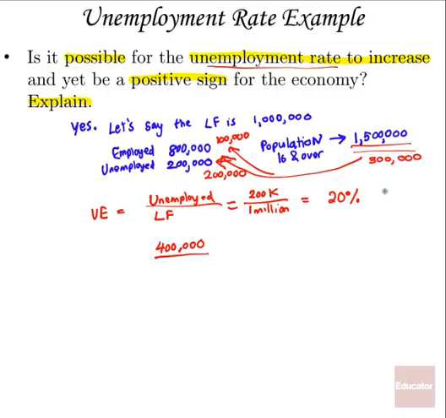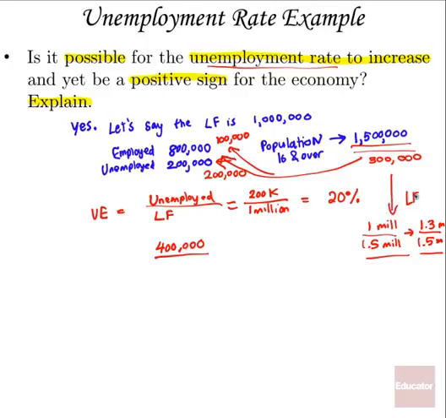So the labor force participation rate was 1 million over 1.5 million, which is 67%. Now you have 300,000 additional people that came in, so now you have 1.3 million over 1.5 million. So the labor force participation rate increased, and that's definitely a good sign.